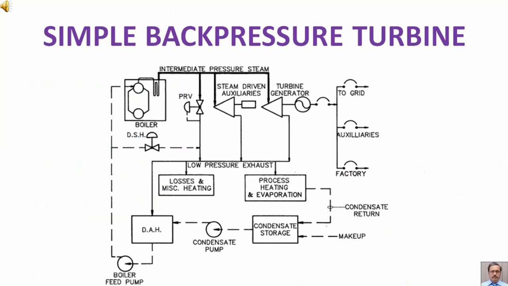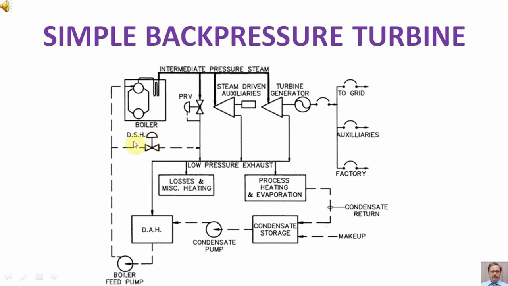Here is an example of the use of desuperheater. Here we can see that the superheated steam is coming out of the boiler, then its pressure is being reduced with the help of a PRV, pressure reducing valve, and then the steam at the reduced pressure is being injected with the help of DSH or desuperheater.